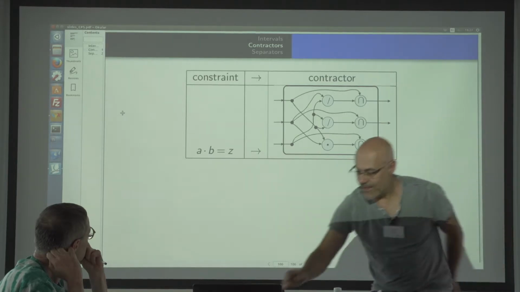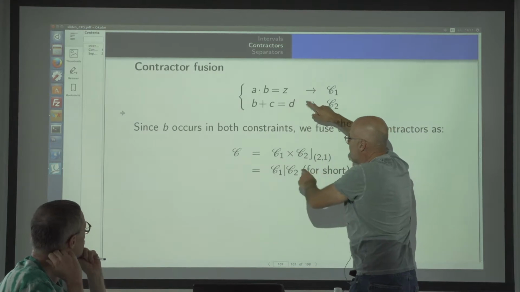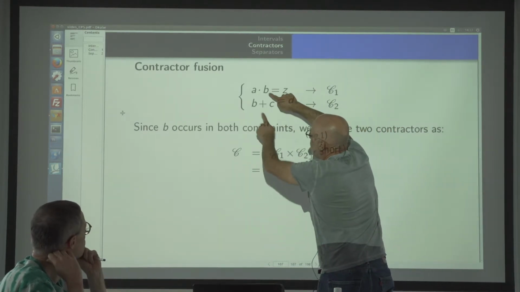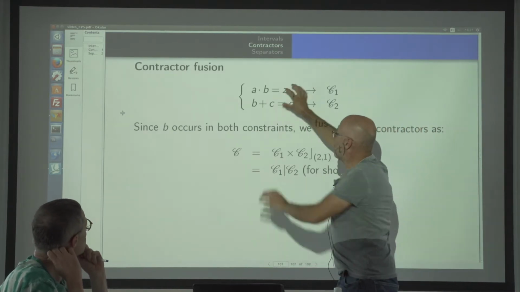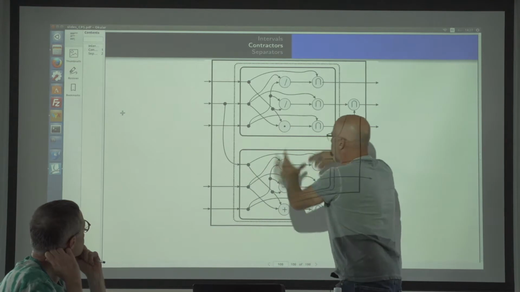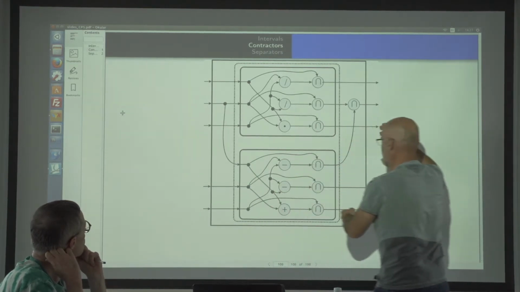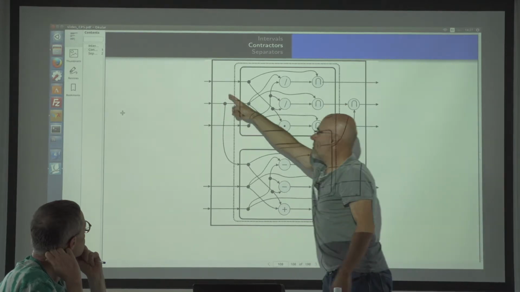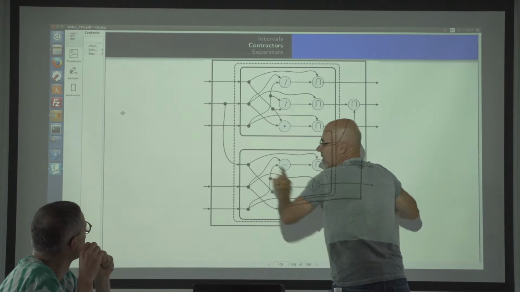So when I have several equations that are linked like this, I have to remember that this variable is the same as this one. That's why we have to combine the contractor circuit in such a manner that here I have all the variables, so the 5 variables I have at the beginning, and this one is the same as this one.